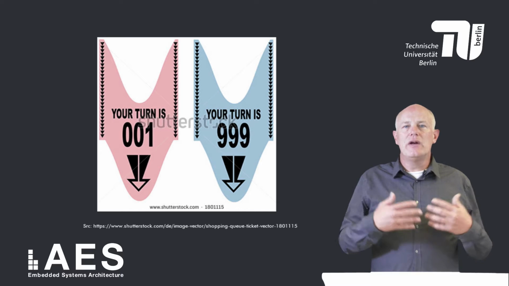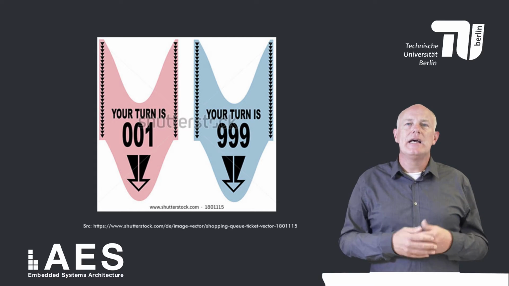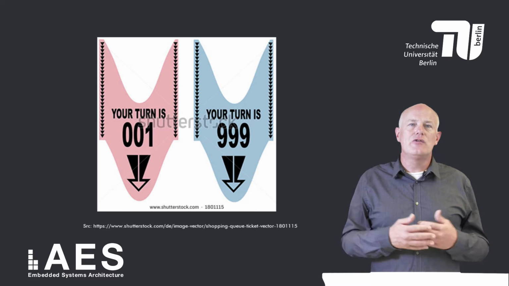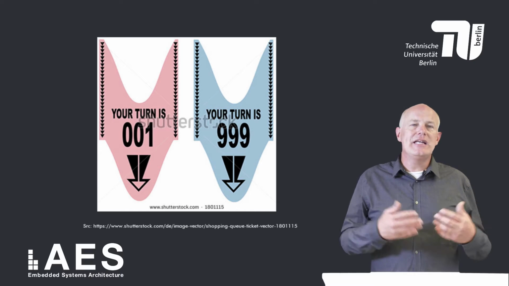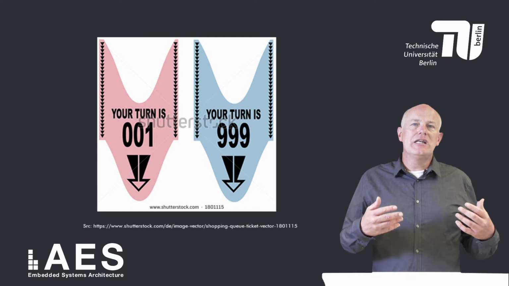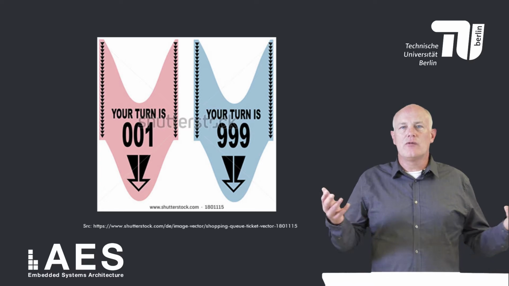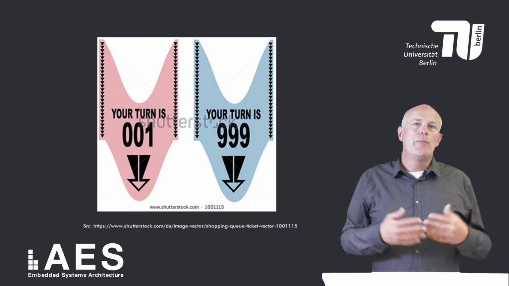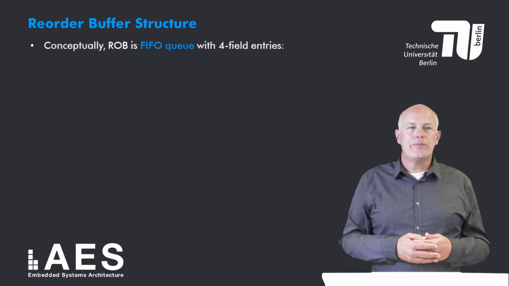The reorder buffer is like a ticket dispenser where every instruction pulls a ticket telling when it is its turn to commit. Tickets are pulled when instructions are issued, and they issue in order. After an instruction has taken a ticket, it can go off and execute, provided of course its operands are available. But the order of commit is determined by the number on the ticket.